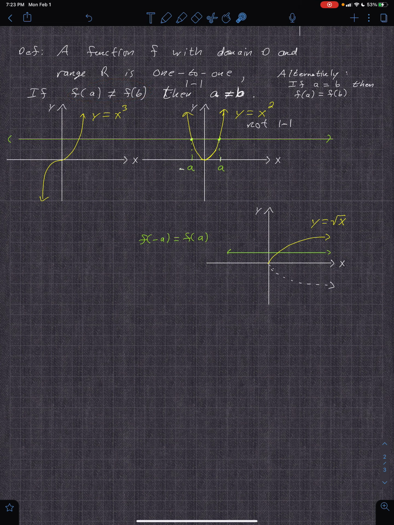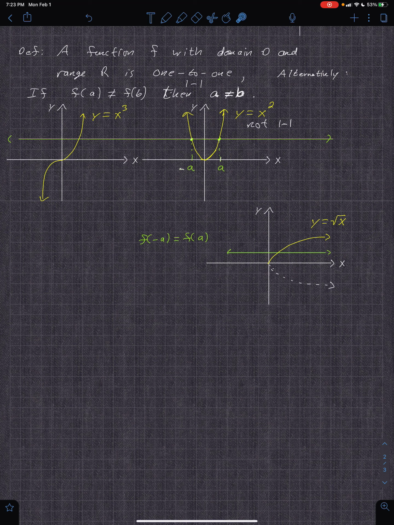Another way of saying that is the contrapositive of that. Let me go over this.